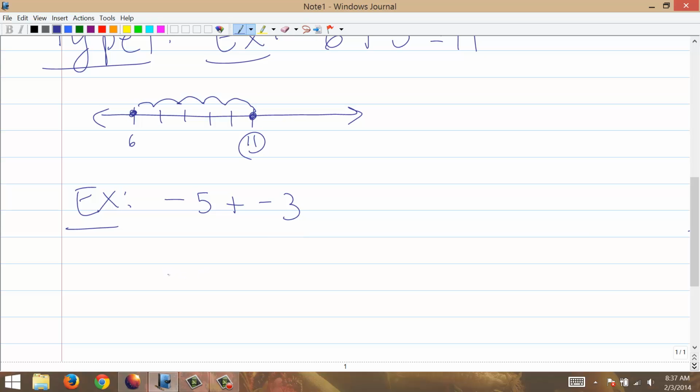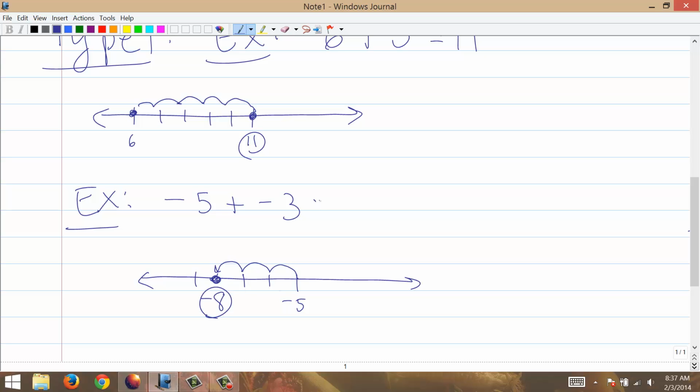Or from a number line perspective, if we were starting at negative 5, then since we're adding a negative, we want to jump 3 to the left along the number line. So starting here, we'd go 1, 2, 3: negative 6, negative 7, negative 8.